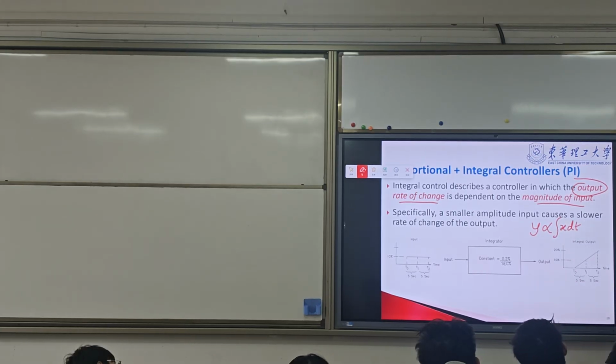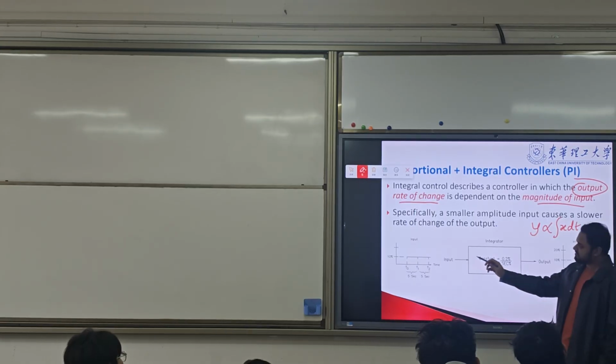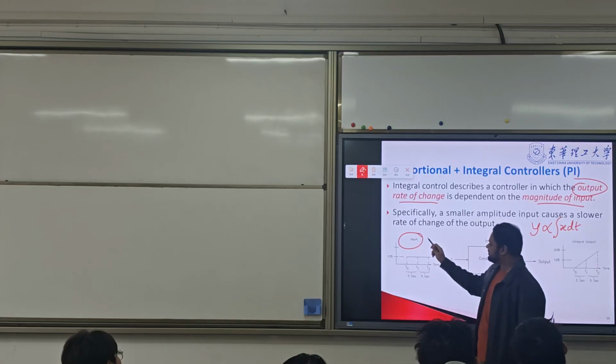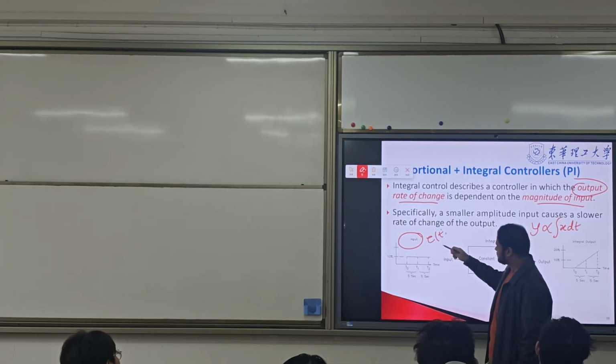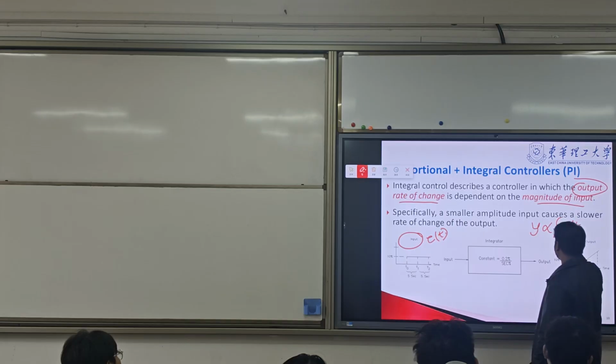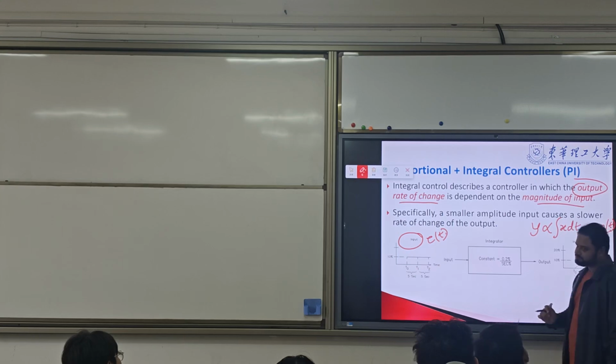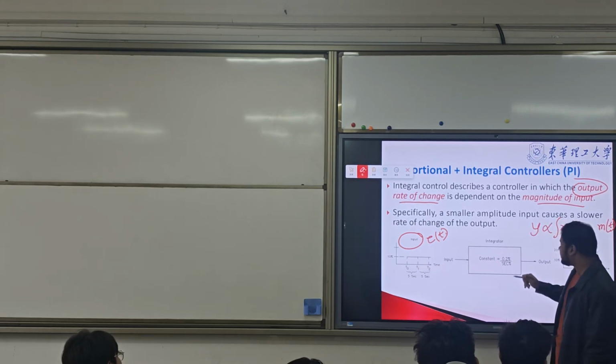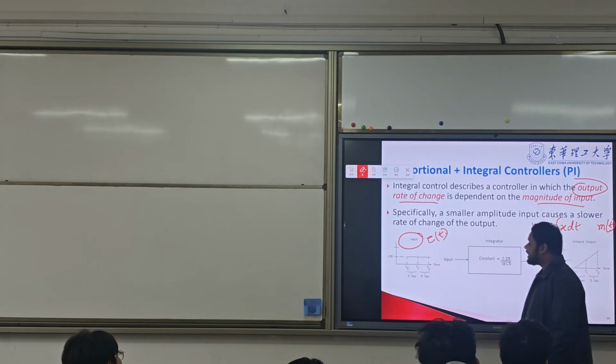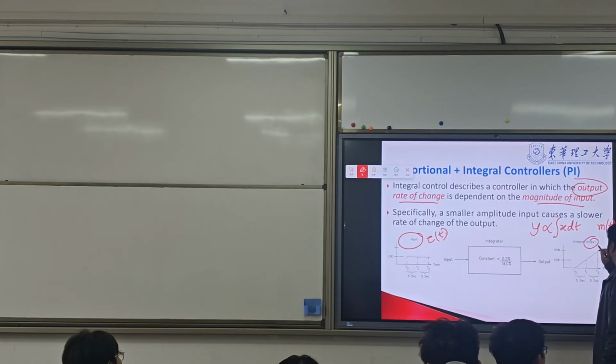So look, the system input, this is E. And this one we can write as M(t) is proportional to the integration of E(t) dt. What is E? Input. And what is the output? M(t).